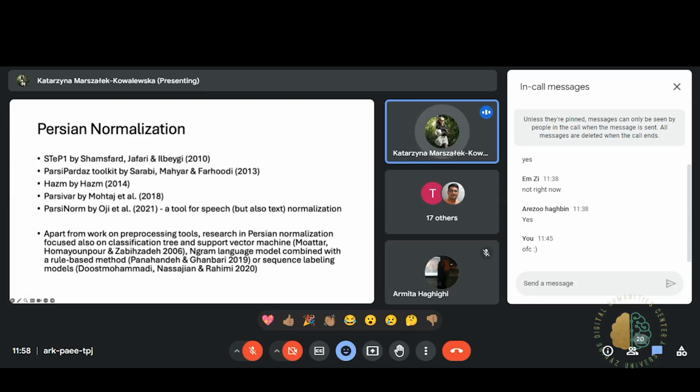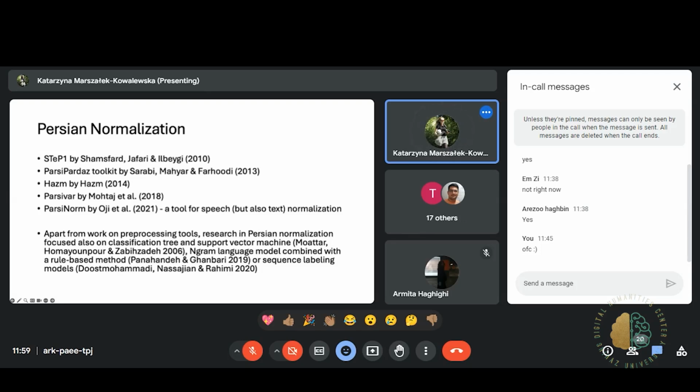Research on normalizing Persian text focused mainly on addressing the specific challenges we've been talking about. This resulted in a number of pre-processing tools. In 2010, Shamsfard and colleagues proposed STeP-1, which provides tokenization, morphological analysis, part-of-speech tagging, and spell checking. The Parsi PerDT toolkit provided the same pre-processing steps as the one I mentioned already, and also included an additional normalization step.